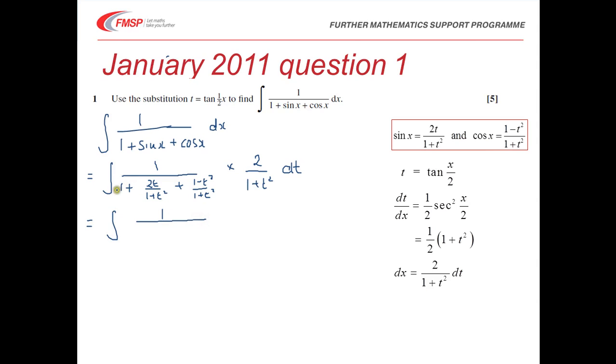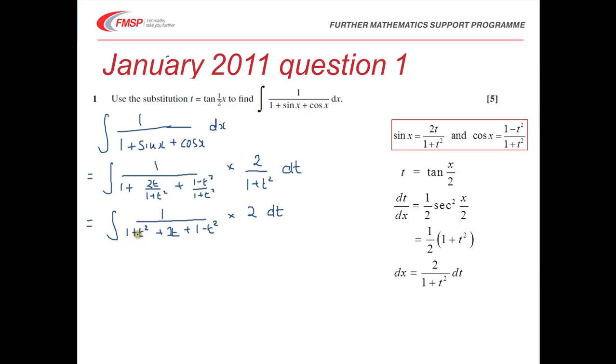If we've taken a common denominator, then that would be 1 plus t squared. And then we'll have the 2t from the middle term, and we'll have the 1 minus t squared from the last term, and we've divided through by 1 plus t squared, so we're now left with that.